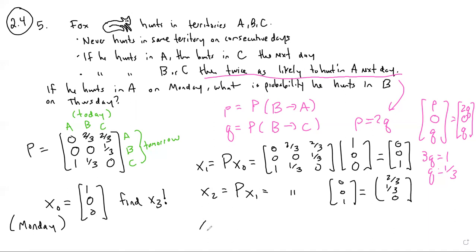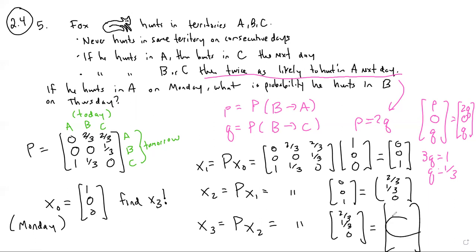Finally, X3 is going to be P times X2. Again, it's this matrix times 2/3, 1/3, and 0. I actually don't need the whole matrix. I'm only interested in the B entry, so I can work that out.